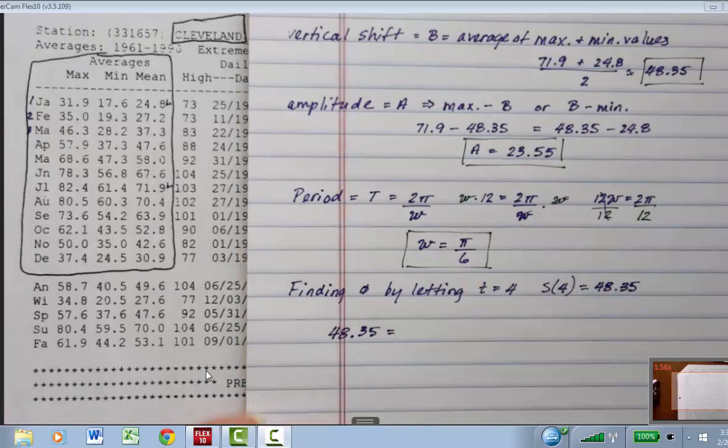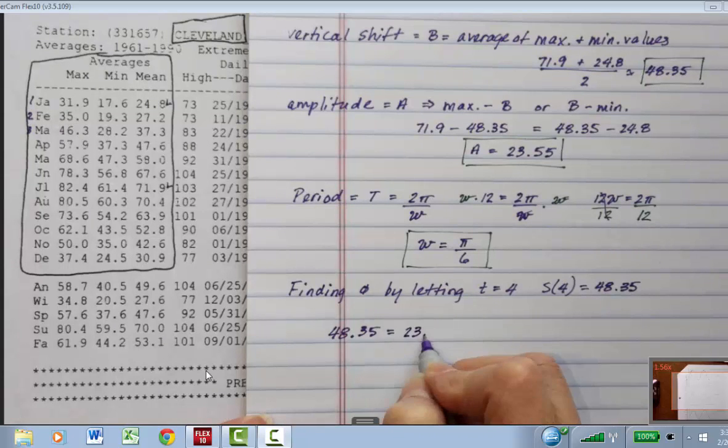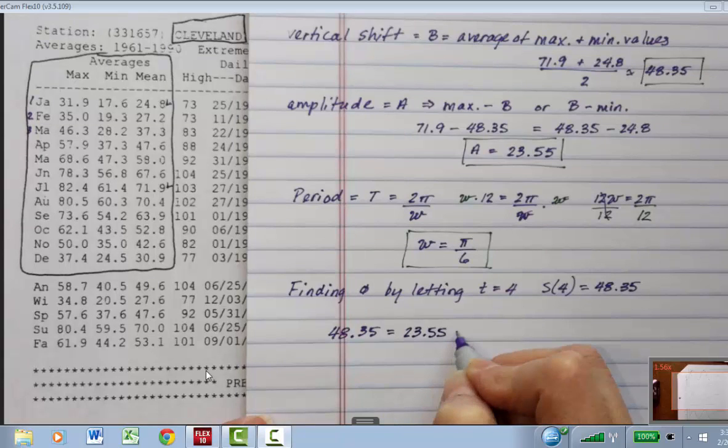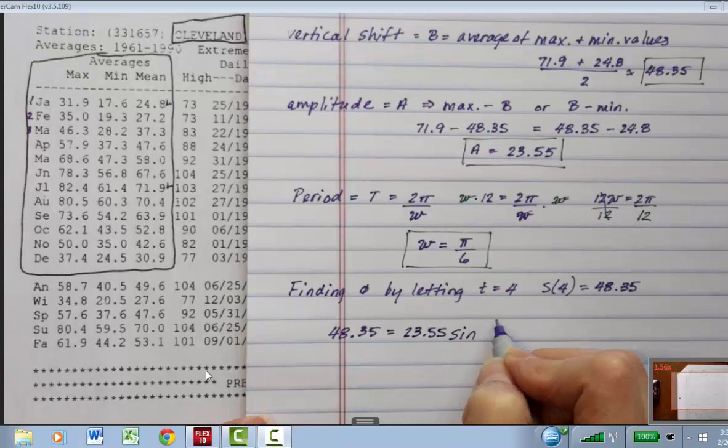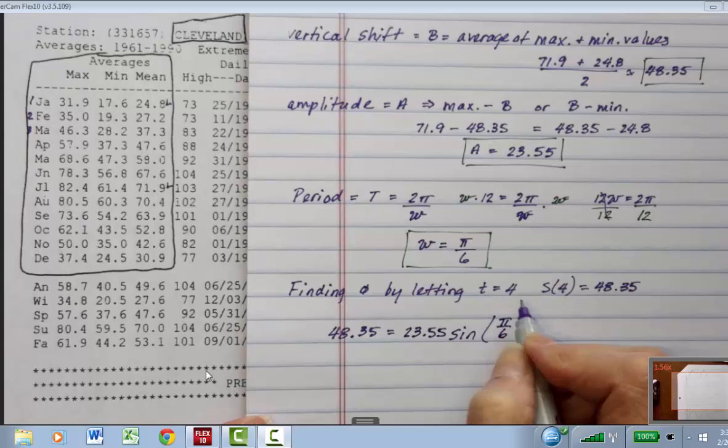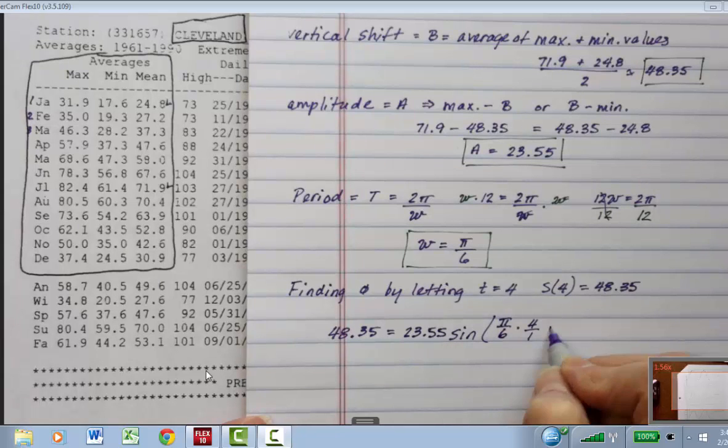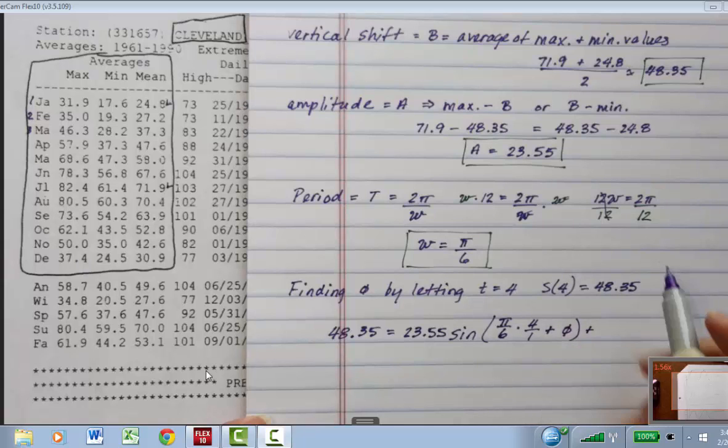So I have 48.35 equals a, which is 23.55, sine pi over 6, and we're using t equal to 4, times 4, plus phi, plus my vertical shift, which is 48.35.